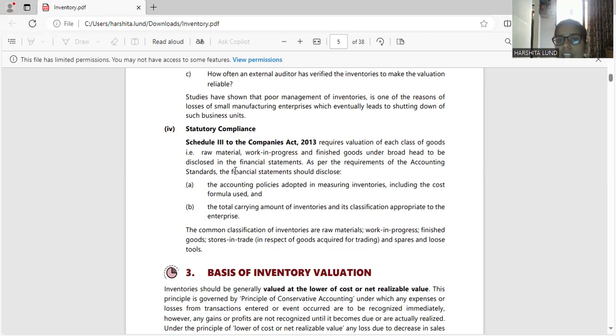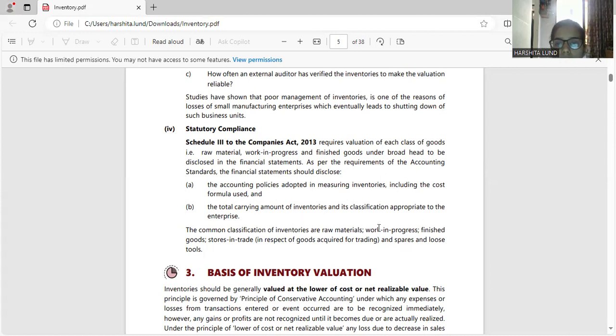Also we have to disclose the accounting policy adopted in measuring inventory, including the cost formula used. What expenses are we adding to the inventory? That is the accounting policy followed by the entity. Further, whether the entity uses FIFO, LIFO or weighted average, all have to be stated. The total carrying amount of the inventory and its classification appropriate to the enterprise, as well as the amount, have to be stated in the notes.